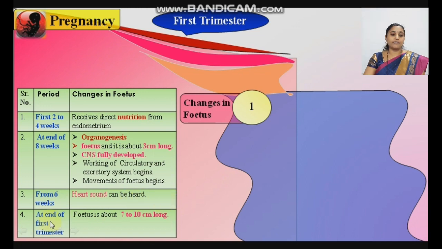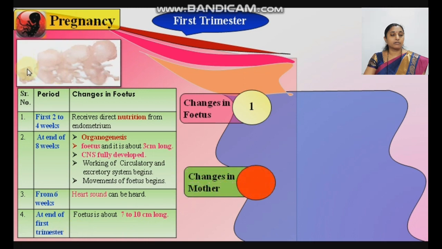At the end of the 1st trimester, the completion of the 12th week, the fetus is about 7 to 10 centimeters long. At 8 weeks it is 3 centimeters, and at 12 weeks 7 to 10 centimeters. Here are the developmental stages from embryo up to fetus. After completion of the 8th week, the embryo becomes a fetus.